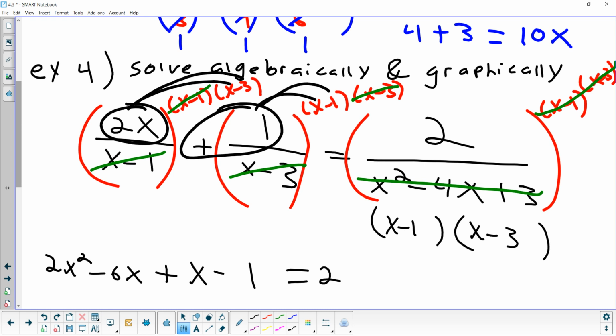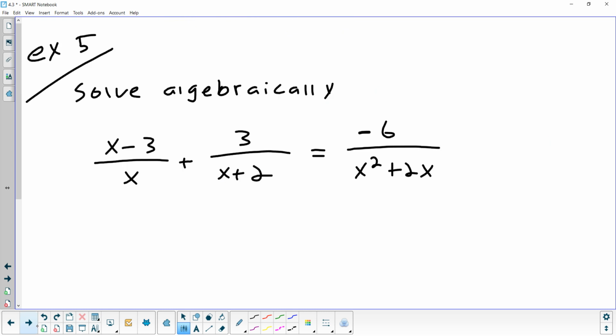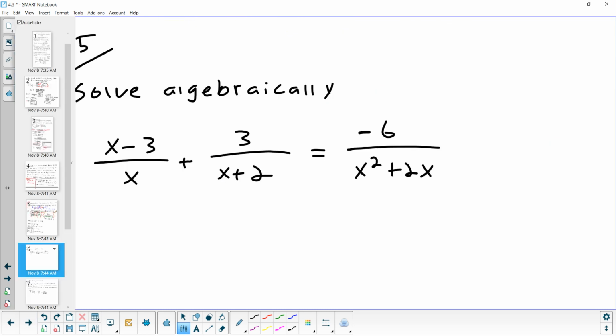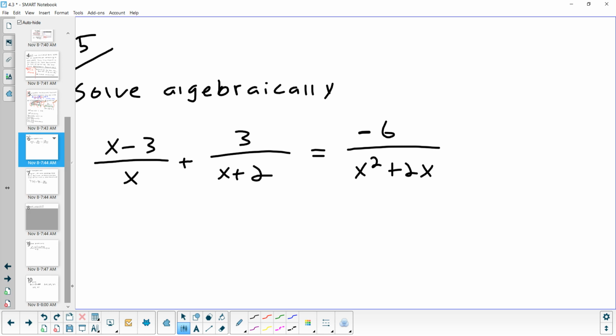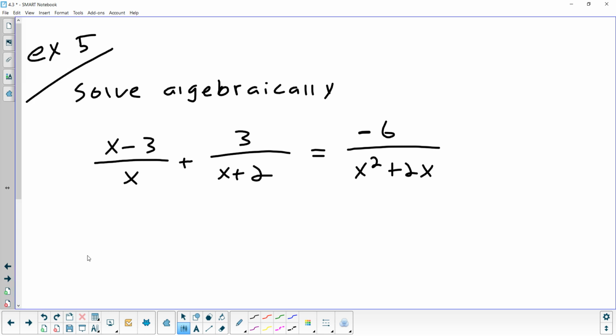Again, if it wasn't, it would be a lot worse, but it will be. Let's try this one. First, before we even start doing anything, does anybody see how the denominator on the right would factor?